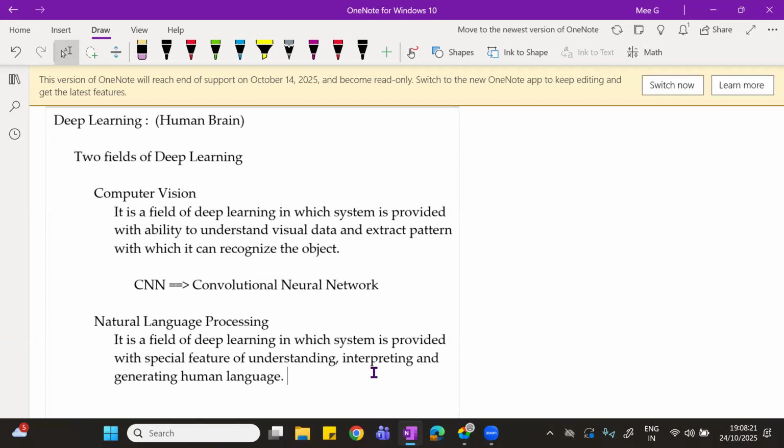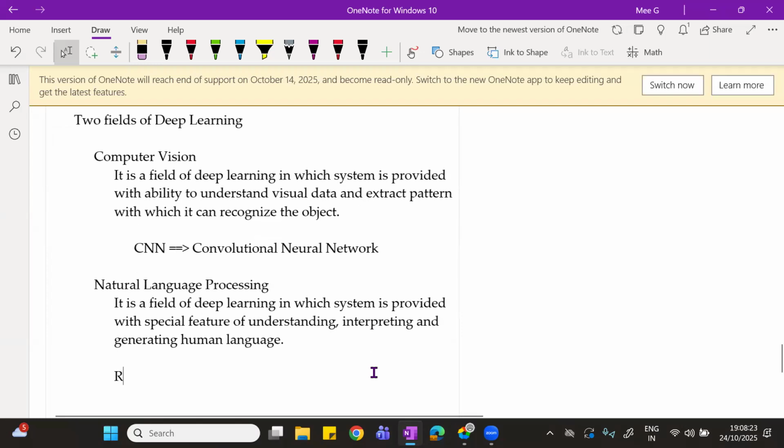Okay? And this is implemented with RNN, that is called recurrent neural network.